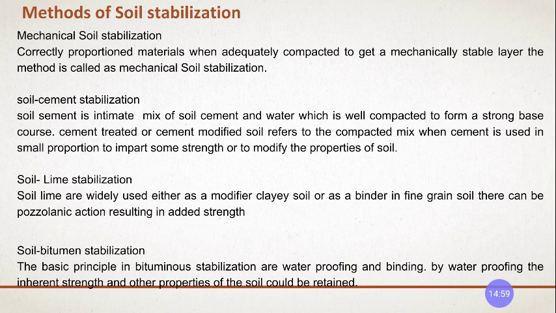So we mix bitumen with the soil so that it becomes a water repellent soil and the properties are not changed. Not in all cases, but where the soil is very sensitive to water, we mix the bitumen so that we retain the strength, and it becomes a waterproofing inert material.